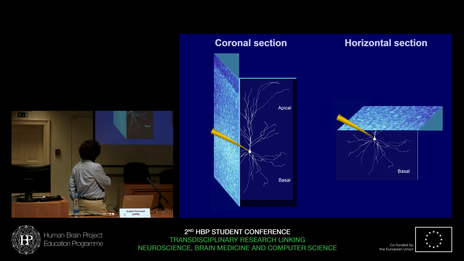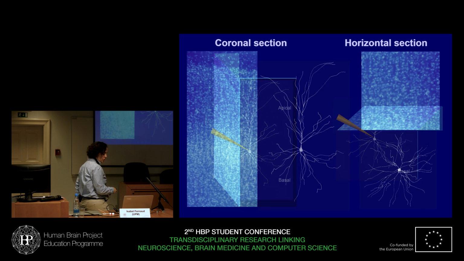Besides, it allows you to perform injections in coronal sections. If you have a block of tissue and this is layer 1 and this is layer 6, you can make injections and have this kind of images, or you can have horizontal sections through just one layer and perform the injections. You will have different reconstructions.